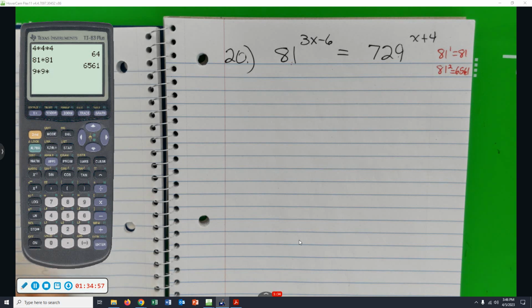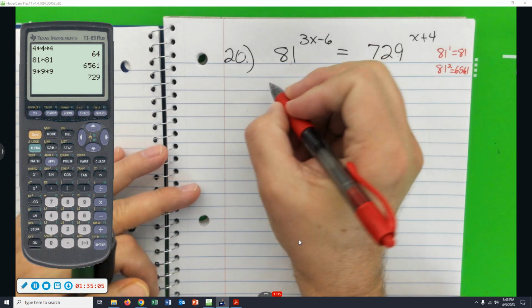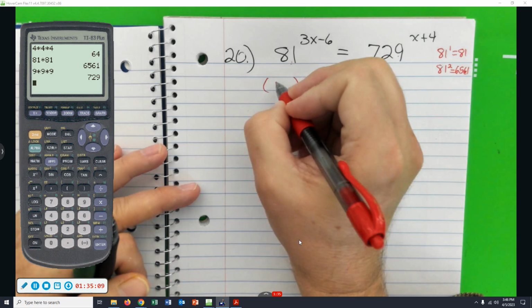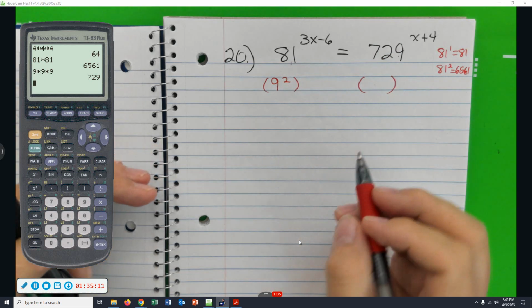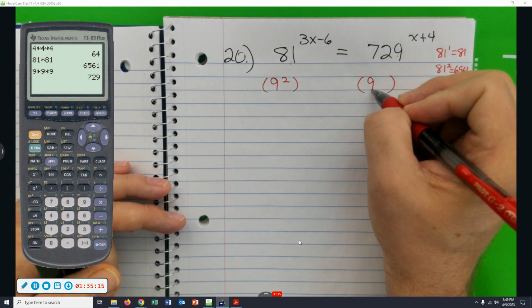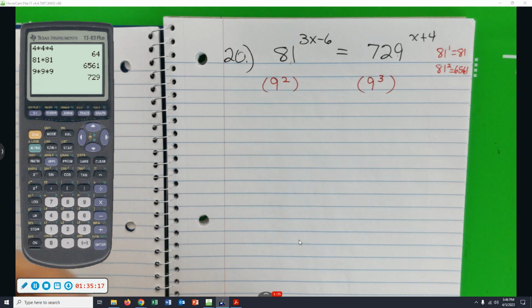If I multiply by a third 9, am I going to get 729? Yes. So you can use 9 as your common base. Y'all see how we chose that? 81 is 9 squared. 729 is 9 cubed. This is some nice number theory.